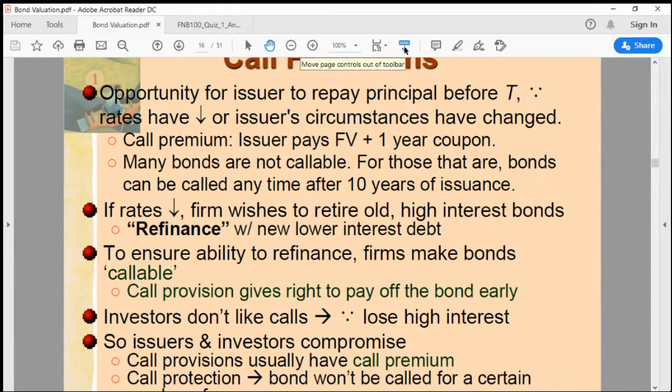it's been 5 years since then. What does that mean? Still, 15 years are left, right? And then in year 5, let's say suddenly the average market interest rate has fallen from 10% to 5%.